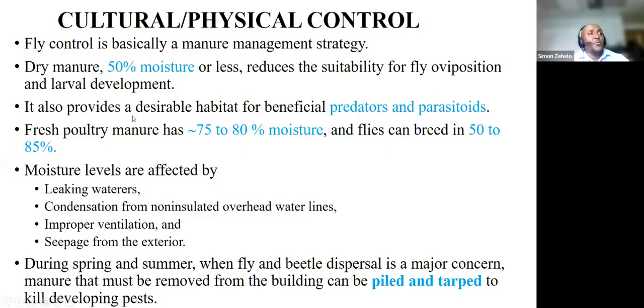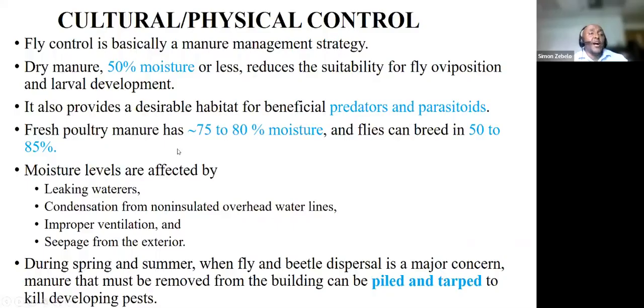Less than 50% moisture in the manure also provides a desirable habitat for beneficial predators and parasitoids. So maintaining the moisture level of the manure in the chicken house has many advantages. It reduces the flies and also provides a conducive environment for the beneficial insects.